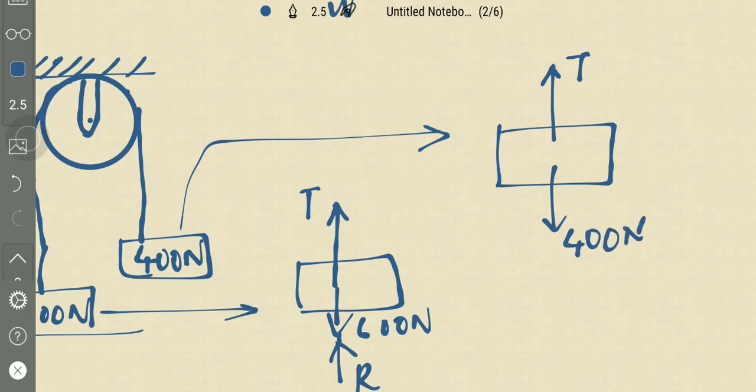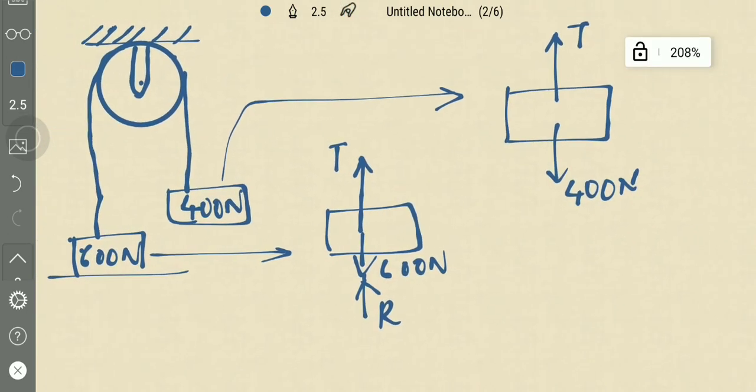There is no reaction because nothing is stopping this 400 Newton body, but in the 600 Newton case the floor is stopping the body from coming down, so there is a reaction. In the 400 Newton body there is no reaction.